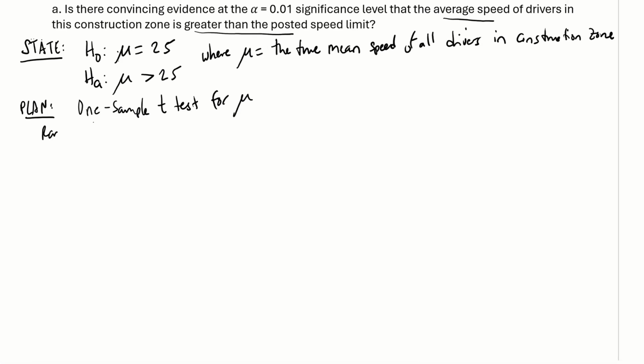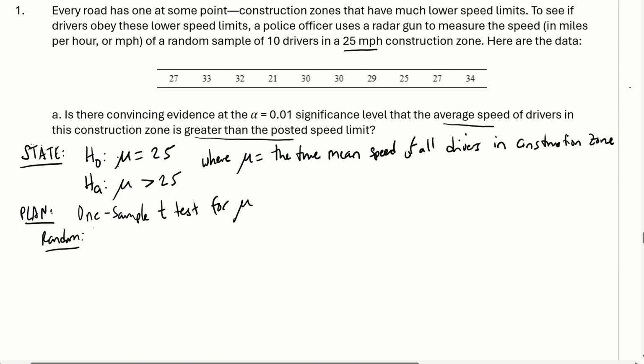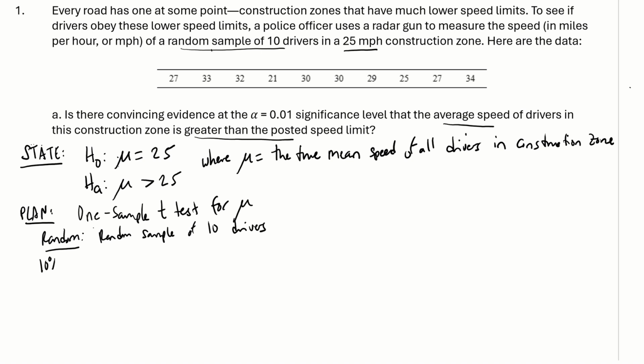And then we'll look at our conditions. So we've got the random condition. It says a random sample of 10 drivers. Then the 10% condition: we can assume that the 10 drivers are less than 10% of all drivers in the construction zone.